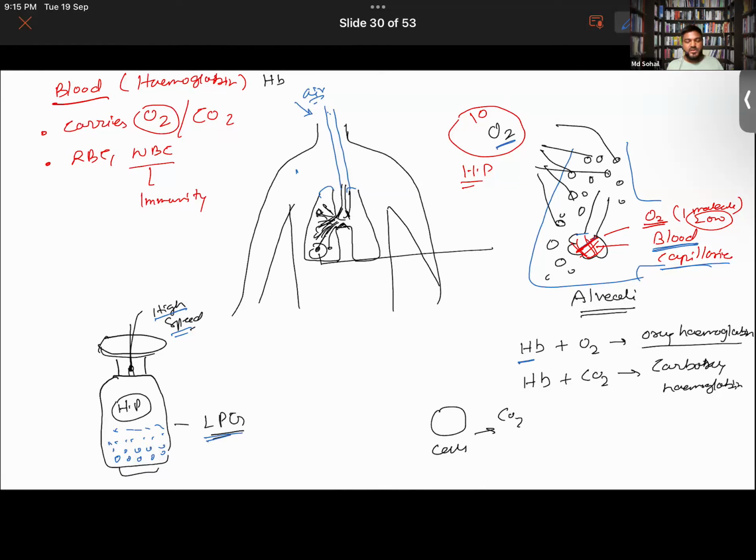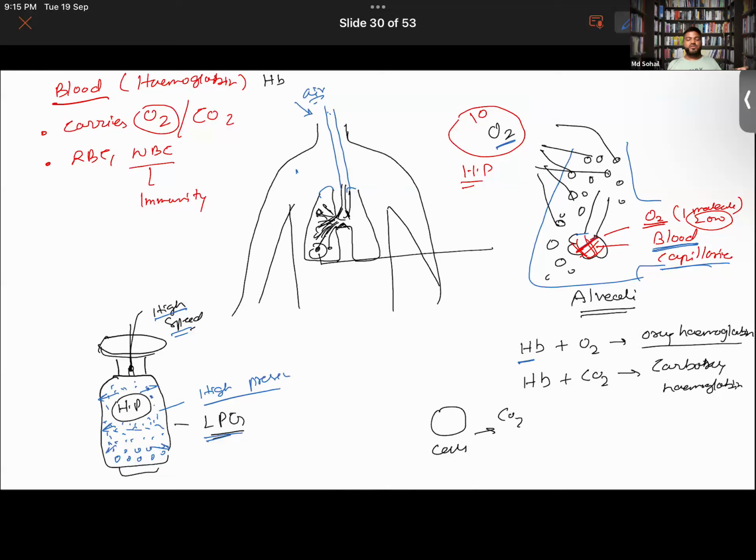That's why we have compressed a large volume of gas inside this small cylinder. So here you are seeing that there's a high pressure because there's a much greater number of molecules hitting the walls of the cylinder, and that generates a pressure.